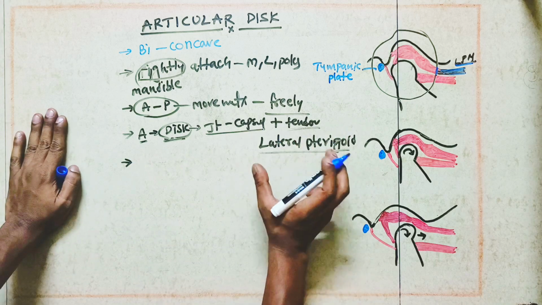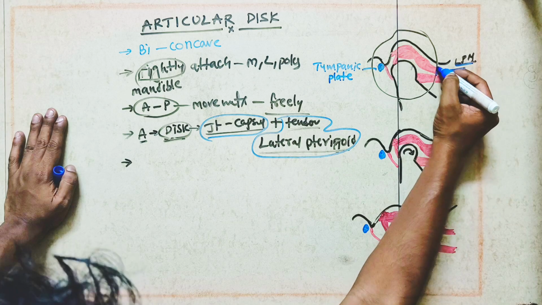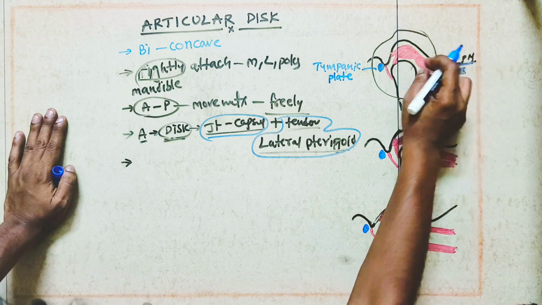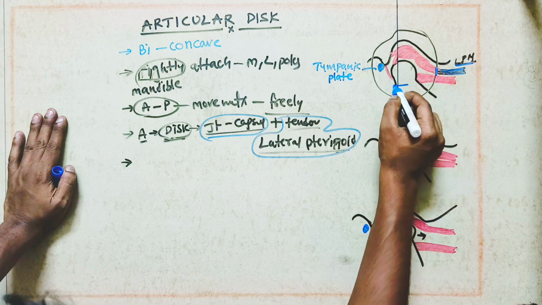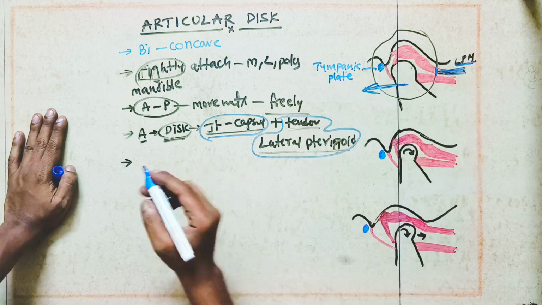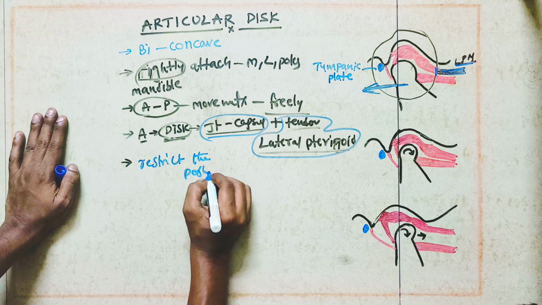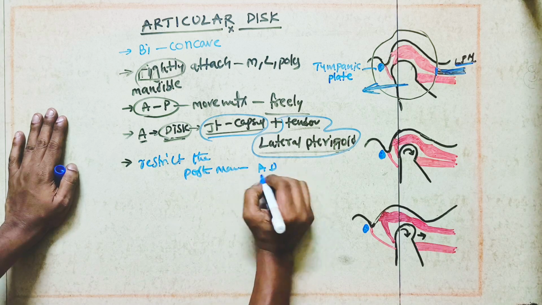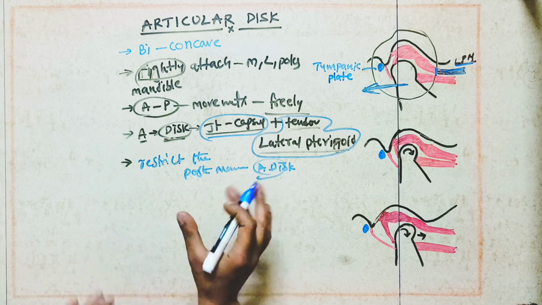What does it mean? The disc is attached to the joint capsule and lateral pterygoid muscle, and these structures are going to prevent the posterior movement of the articular disc. So this is about the anterior connection of the articular disc.